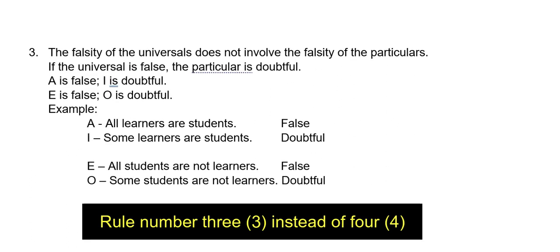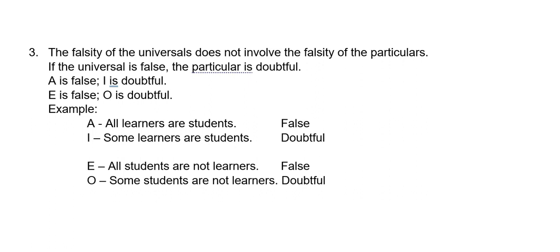Rule number 3, the falsity of the universals does not involve the falsity of the particulars. If the universal is false, the particular is doubtful. So if A is false, I is doubtful. E is false, O is doubtful. Example, if A proposition is false, such as all learners are students, I proposition is either true or false.